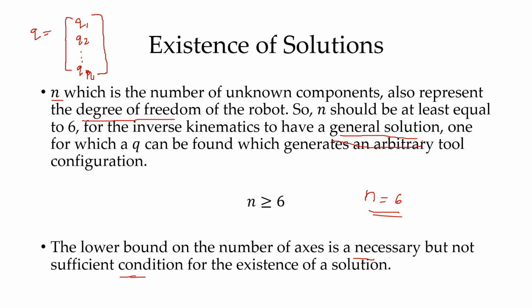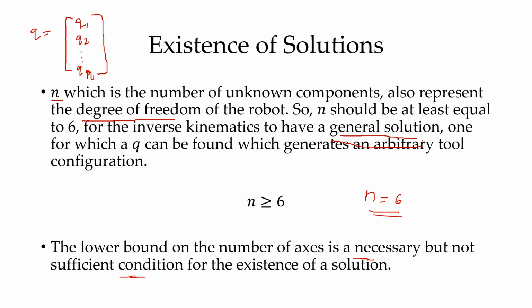This condition must be there, but having it will not necessarily tell you that the solution will exist. So my robot has 6 degrees of freedom, but still I won't be able to say with confidence that I will have a general solution for the inverse kinematics. This is just a necessary condition, not sufficient.